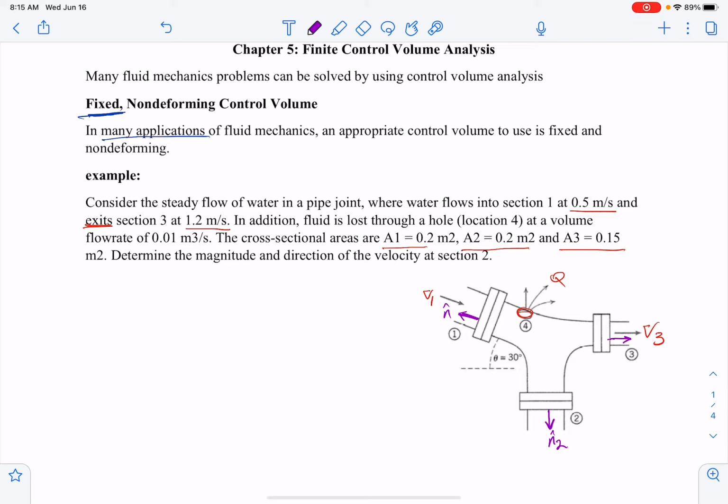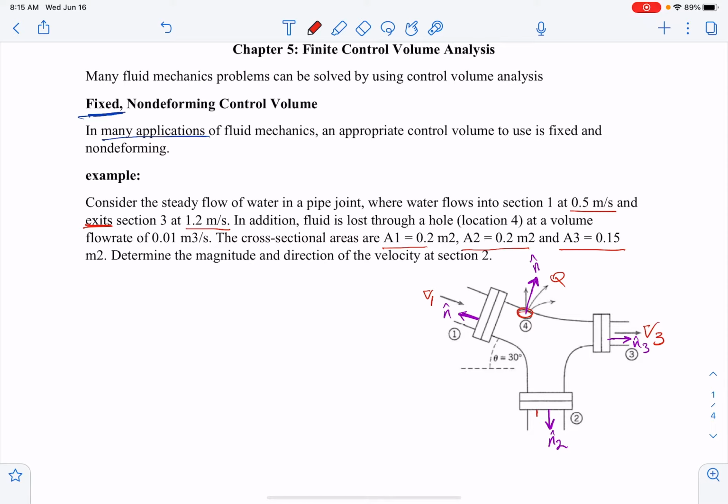This is at section 3, and this is at section 4.